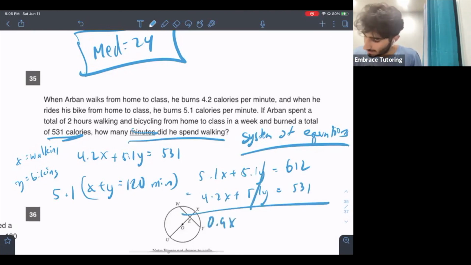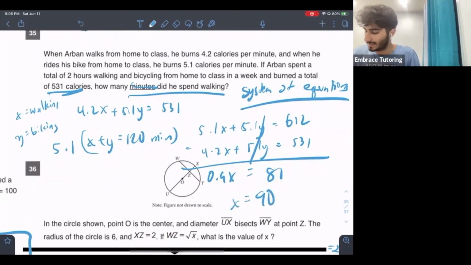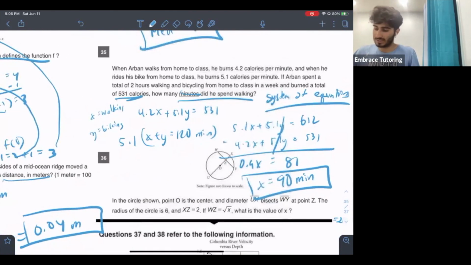You get 0.9x, and then 612 minus 531 to get 81 calories, and then you divide 81 by 0.9 to get x is 90 minutes of walking. And that's how you do 35. System of equations. Just follow through your equations, make sure you're labeling properly, and then you should get the correct answer for that.